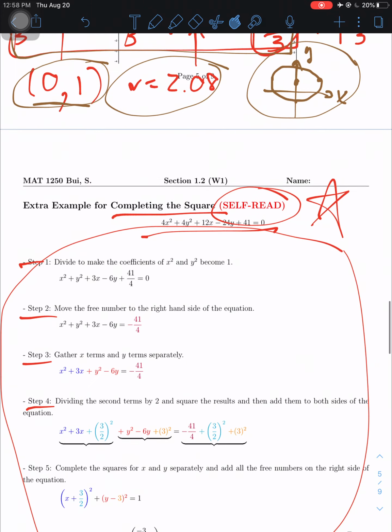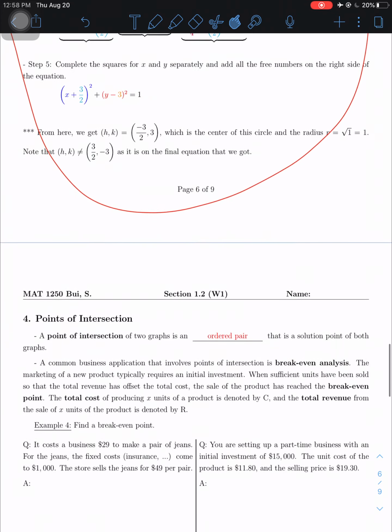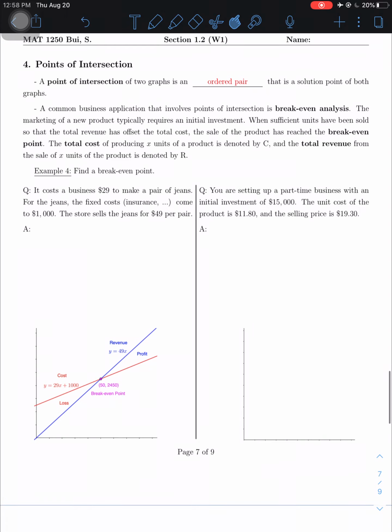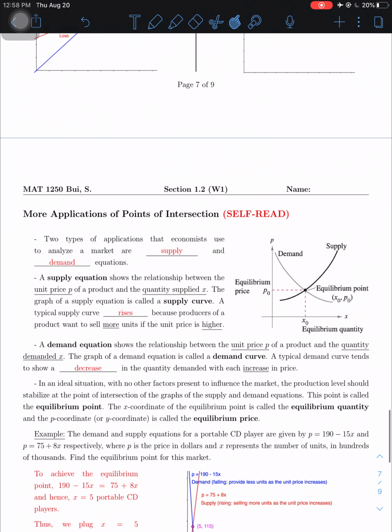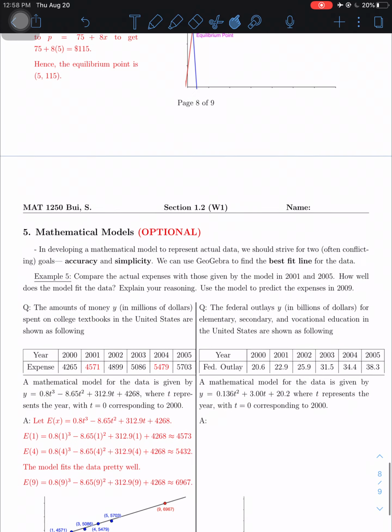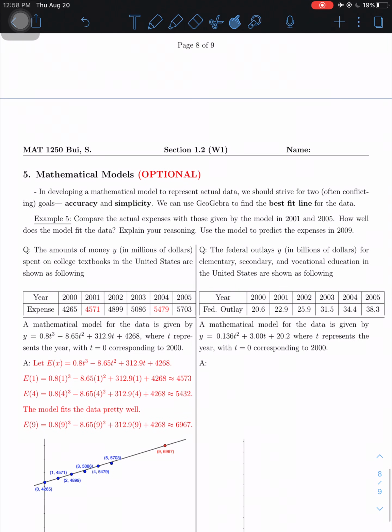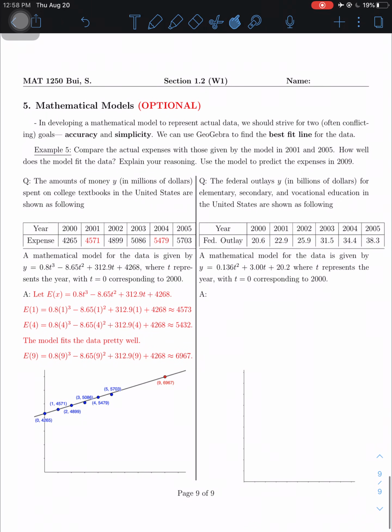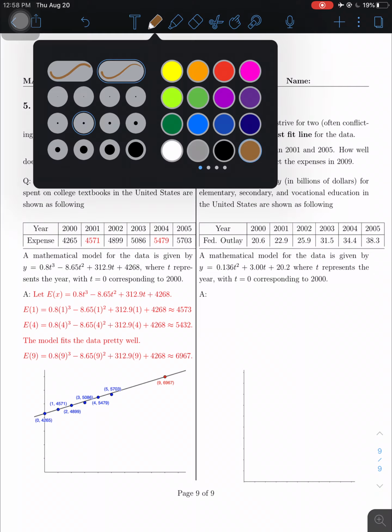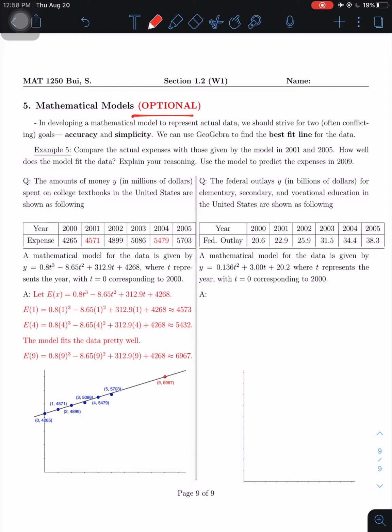Okay, moving up next, we have number 4, and if I'm not wrong, it should be the last example of the day. Okay, by the way, for 5, mathematical models, I give you some examples and I show you guys the solution. It says optional, right? Whatever says optional in my notes, that means you don't have to do it.